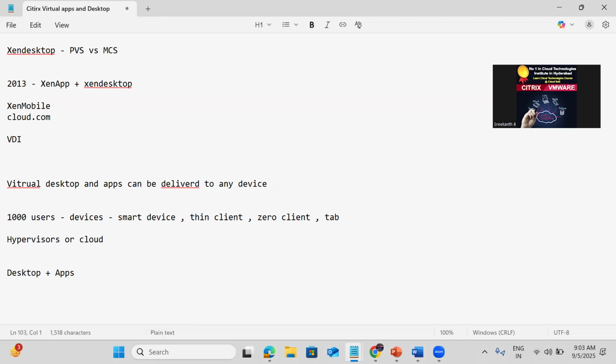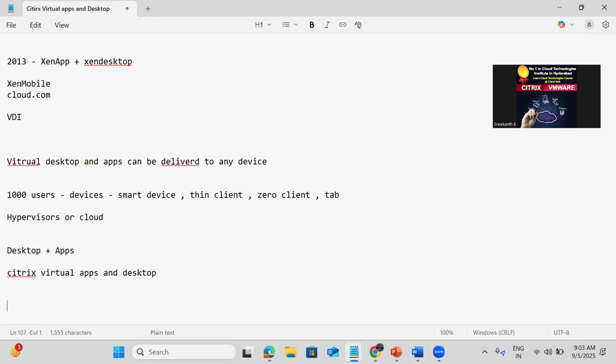So as of now in the market, these are all the enterprise-level products. There are some thousands of small applications also in the VDA, but the leader as of now is Citrix Virtual Apps and Desktops.